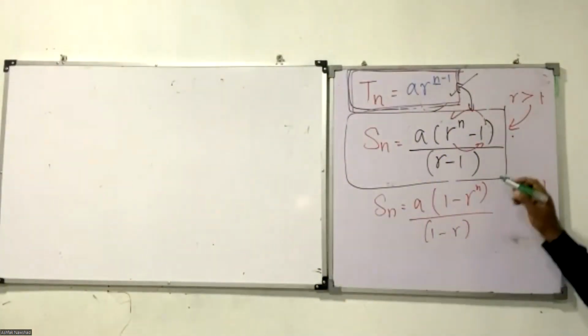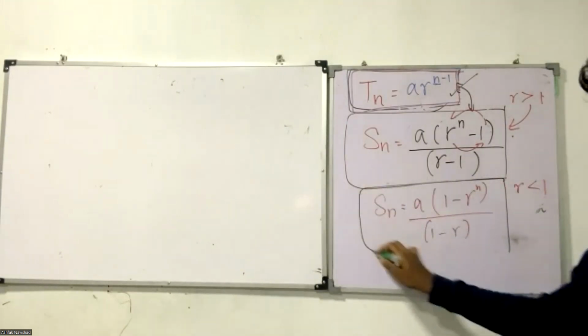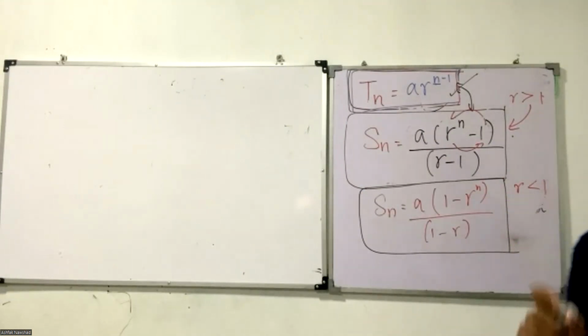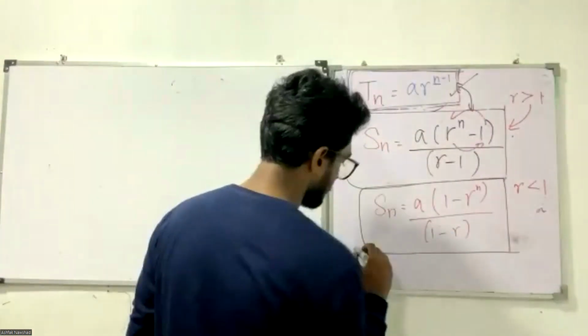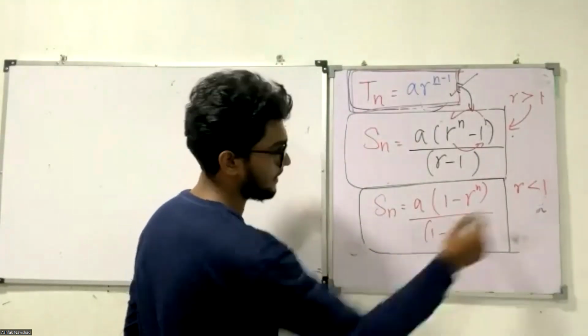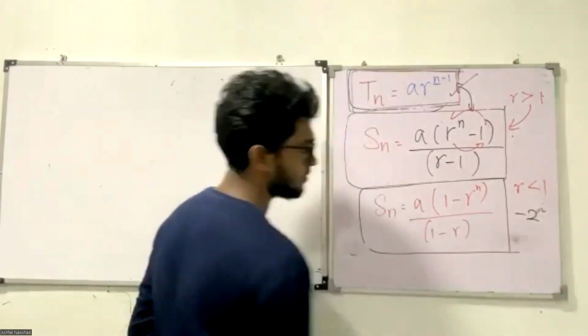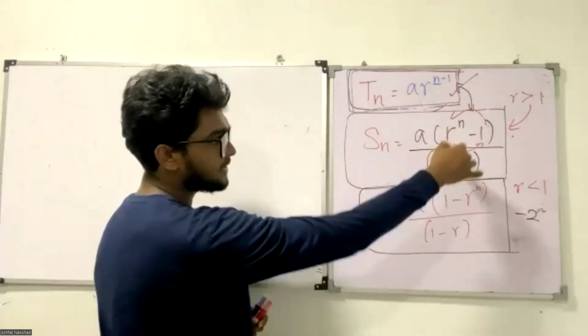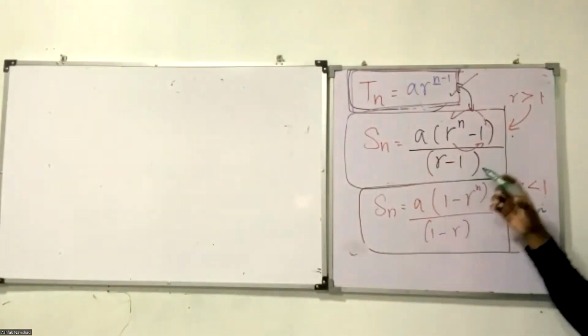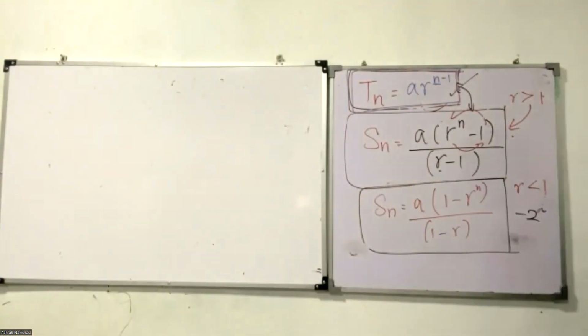You guys can argue with yourself and find out why we flip it. I'll give you a small example. If the ratio is something less than 1, say the ratio is -2, you substitute it into this formula and you will get a negative answer sometimes.